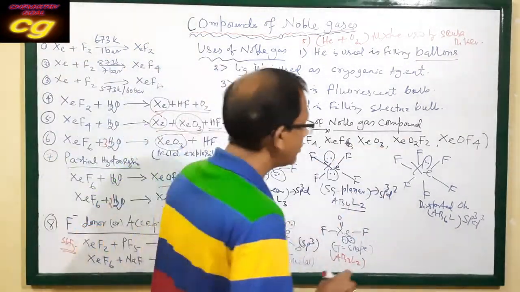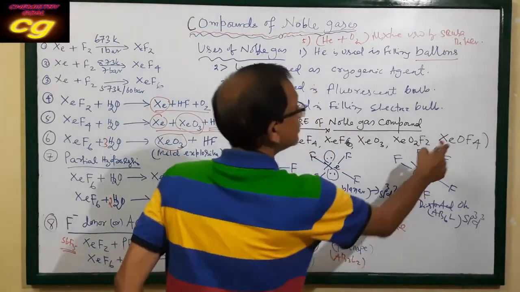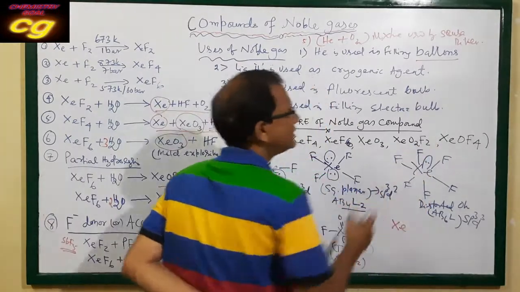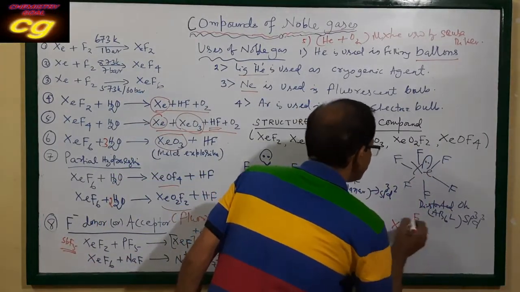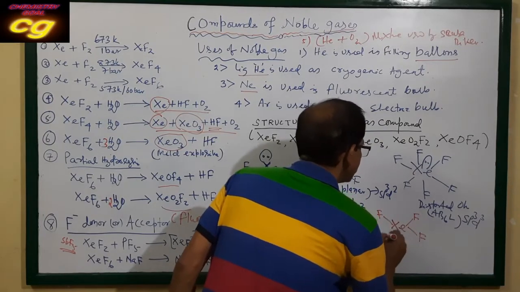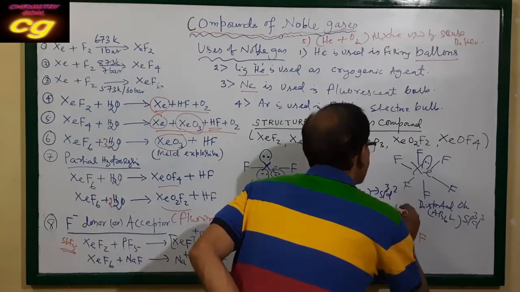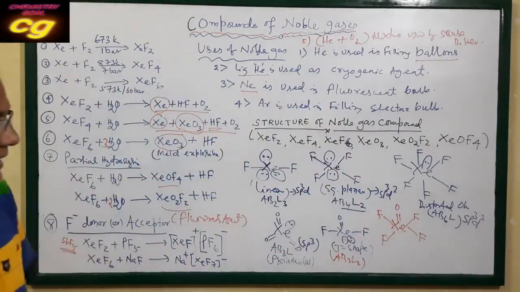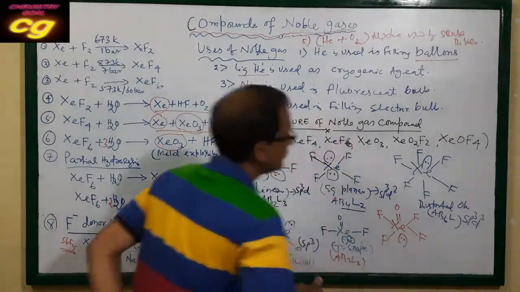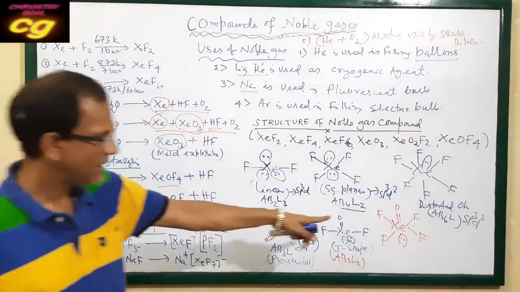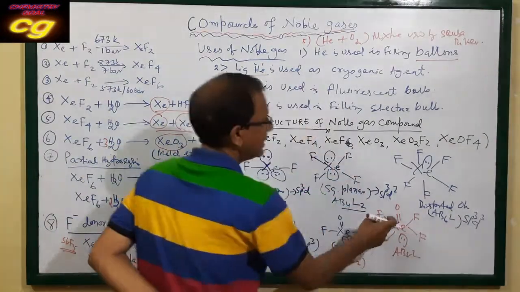Then remaining xenon oxytetrafluoride. The 4 fluorine will be like this, then 1 oxygen like this. So how many lone pairs? Only 1 lone pair. So the system is AB5L.